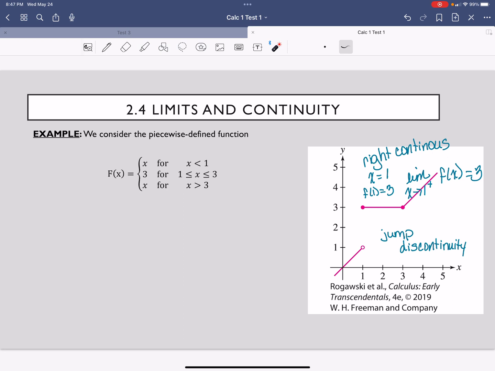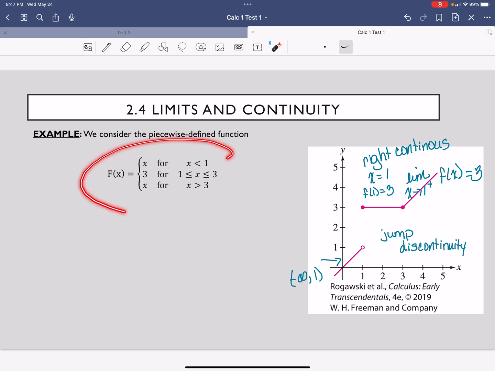Now, this part of the function right here is continuous on the interval -infinity to 1. And notice that this does not have a bracket right here because of this open circle. So it's continuous on this interval.